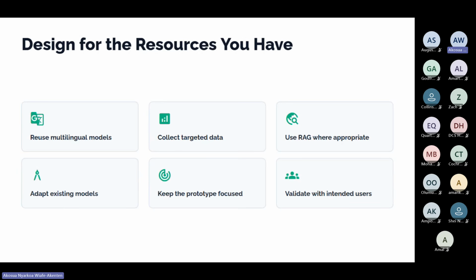Then collecting targeted data. If the data is scarce, what you need to do is either collect data on your own, which could be time consuming, or reuse existing data sets. Depending on the problem or domain you have at hand, you could look at some data sets.